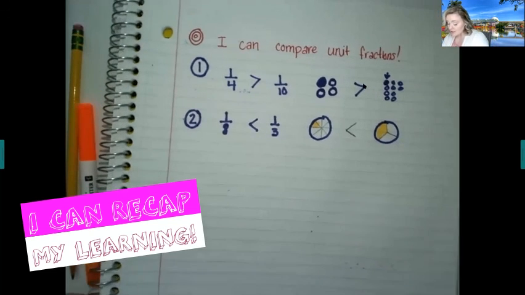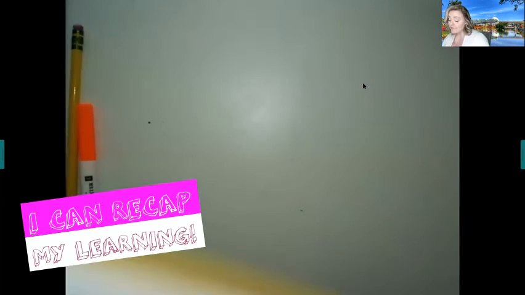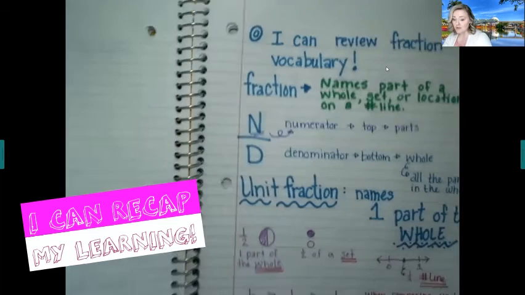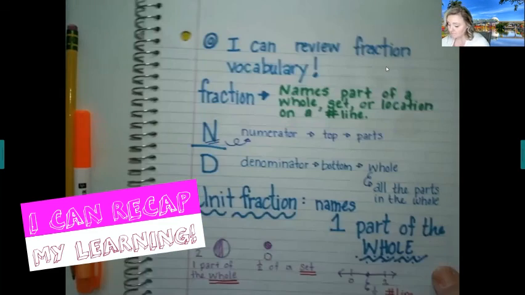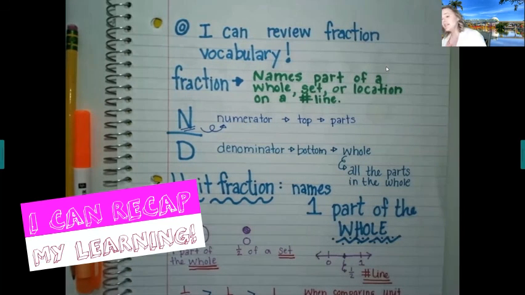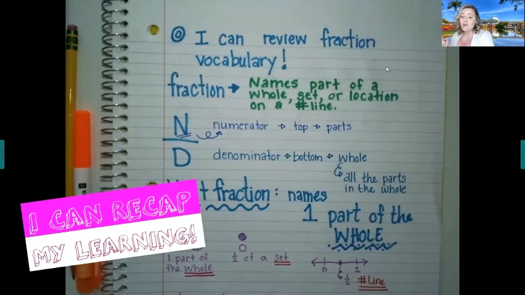The first thing I need you to do is to grab some kind of marker or highlighter, and I want you to go back to your original anchor chart. And I'm going to find a marker or highlighter. I think I'm going to look for my pink one. I had this yesterday and it was super fun to use. And I want you to go to the first I can statement that we wrote, and it says, I can review fraction vocabulary.